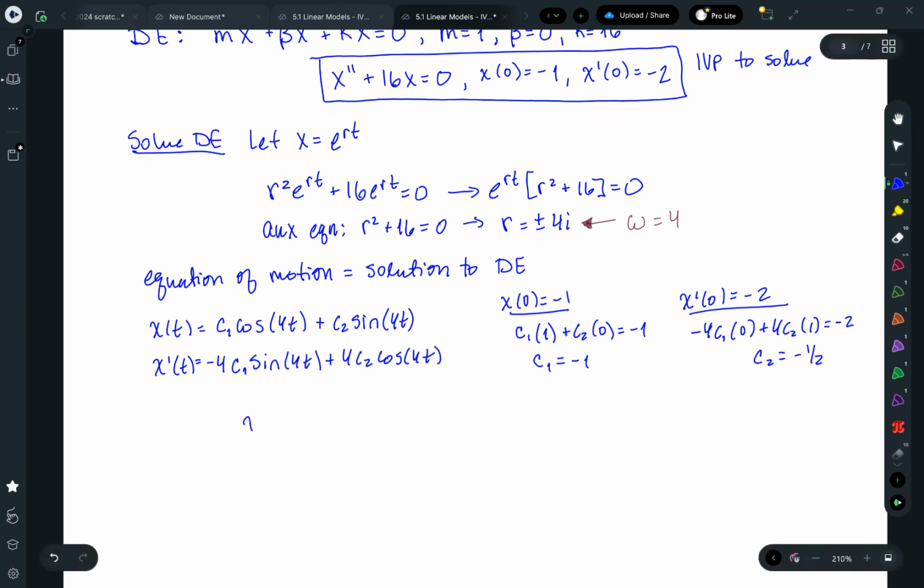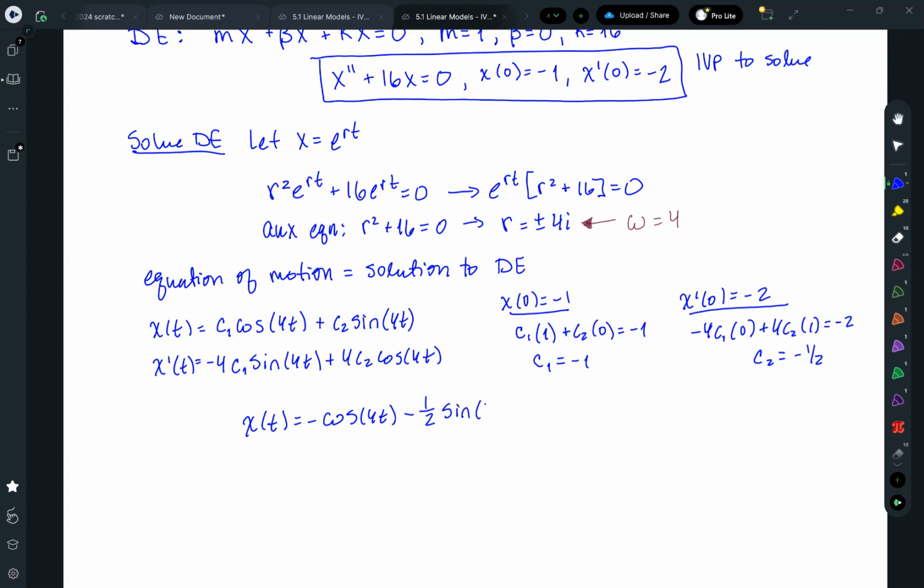And so x of t is equal to negative cosine of 4t minus 1/2 sine of 4t. Okay? Now, this is the equation of motion, but this was not what we were being asked for.